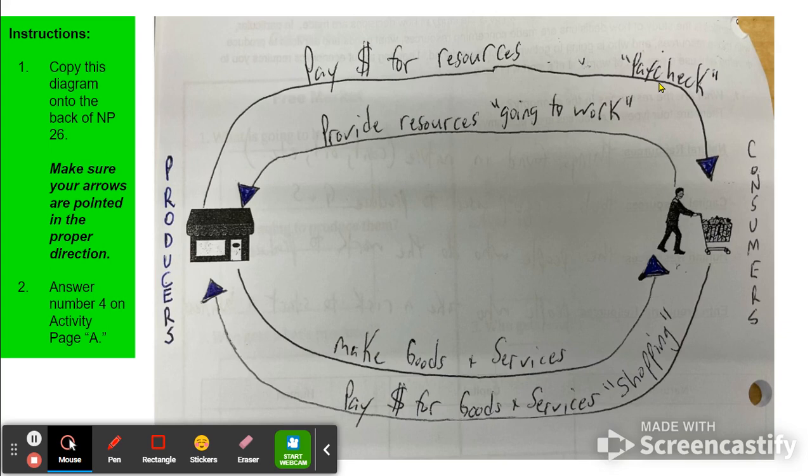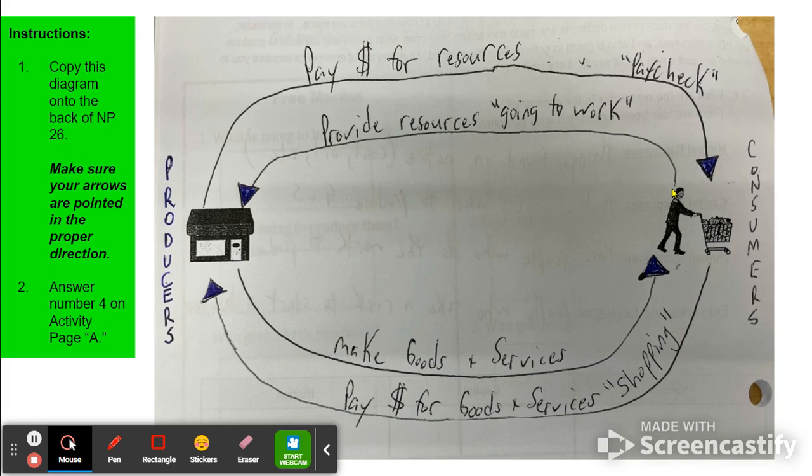So if you look at this economic flow, follow the money line. The producers pay us money for us to go to work, and then we take this money, and we take some of it, and we go shopping with it. And we spend some of our paycheck money on the things that we buy.